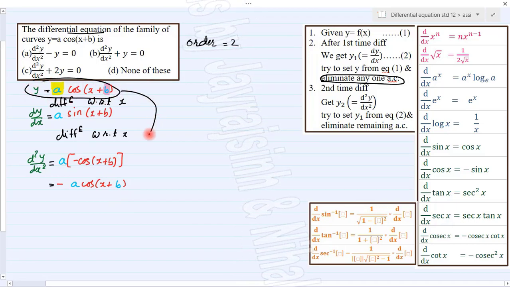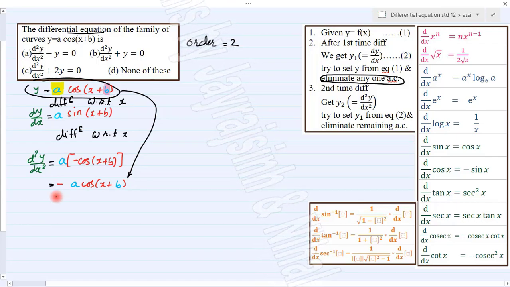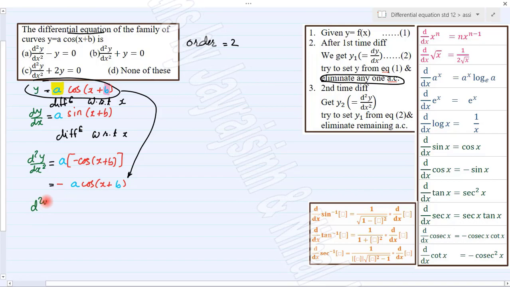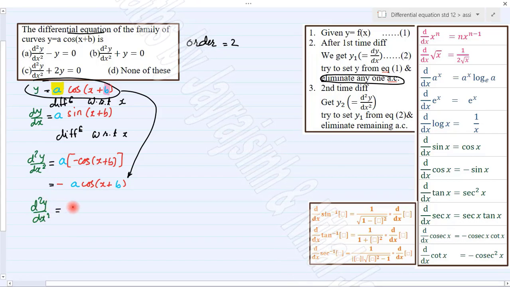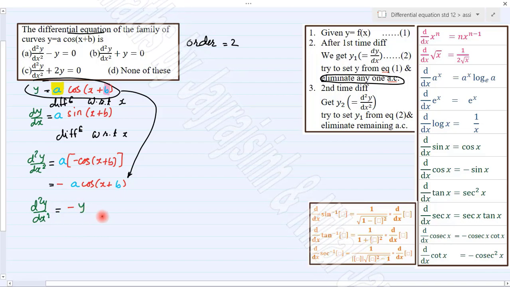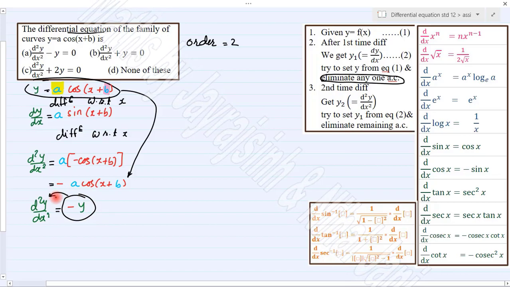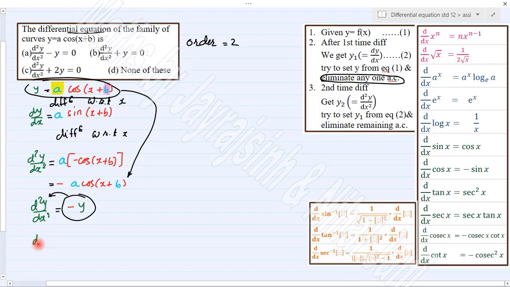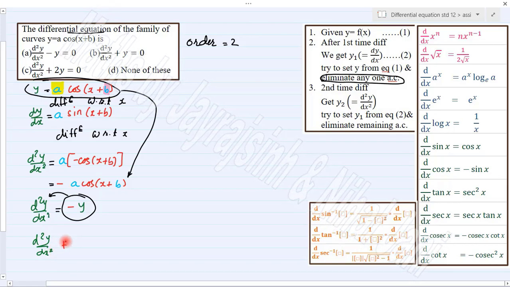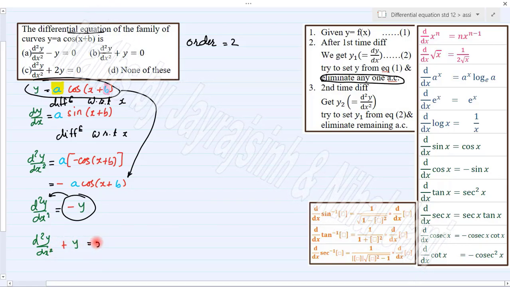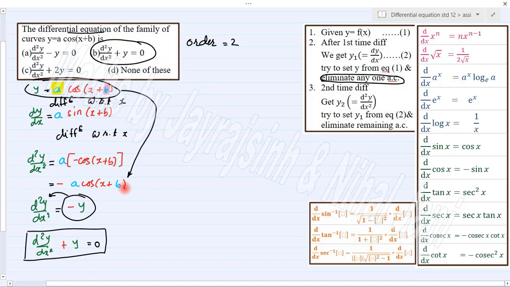So if we substitute the value of y in our equation, we will get d square y by dx square is equal to minus y. If we take y on the left side, we will get d square y by dx square plus y is equal to 0, which is given in option B.